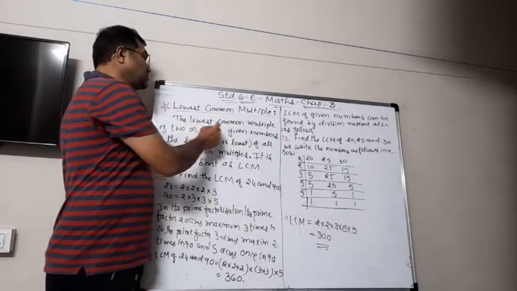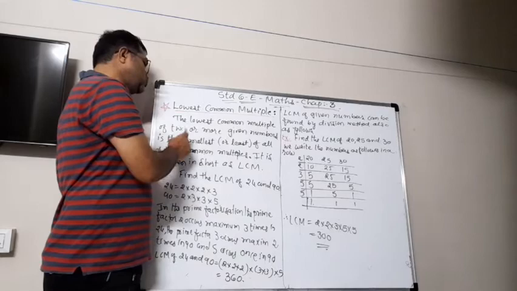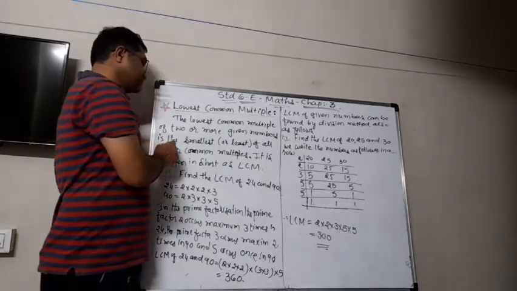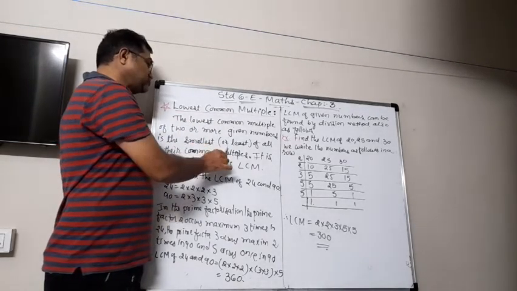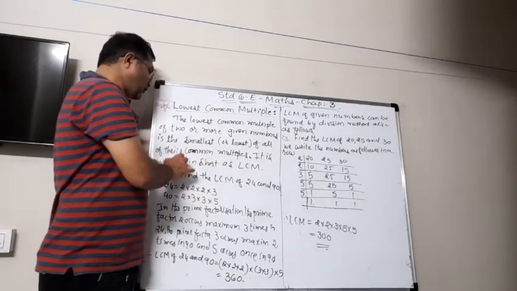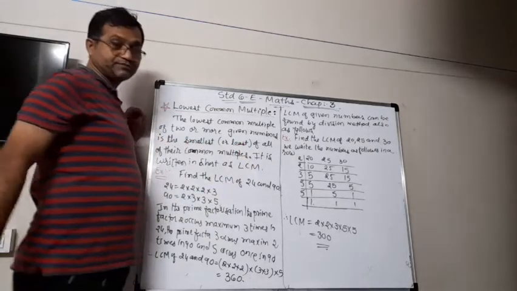So the lowest common multiple of 2 or more given numbers is the smallest of all of their common multiples.